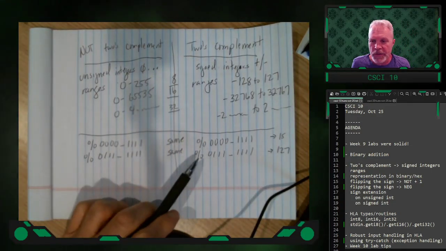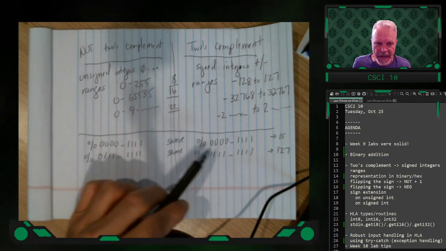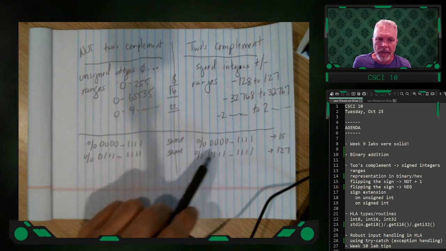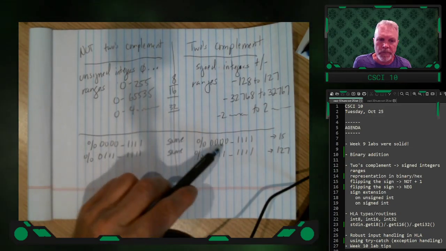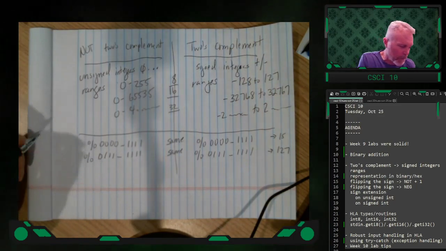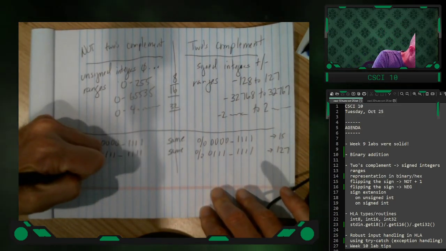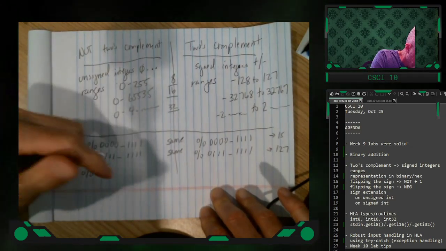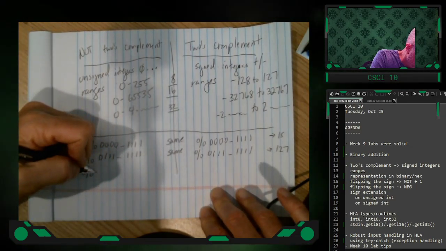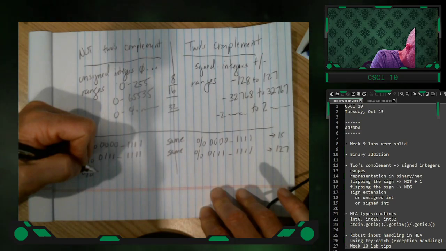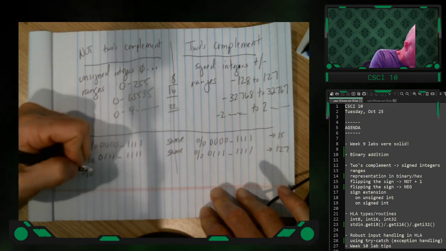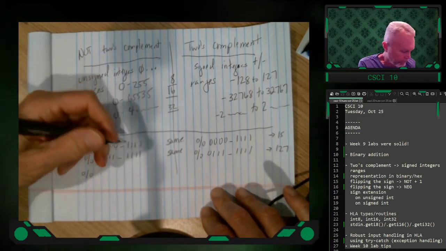So some of the values are going to come out looking the same in either system. Won't be affected. But now let's look at where things do get kind of funny. What's an easy one to do?